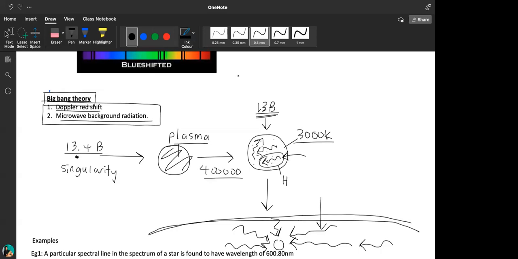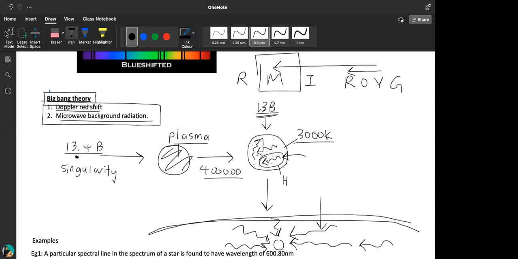So it's like you have radio wave, microwave, infrared, and then there goes your visible light, ROYGBIV. Normally we only do redshift until here only. But because this is so far away, it will continue to stretch until the microwave, so far out into the microwave region.